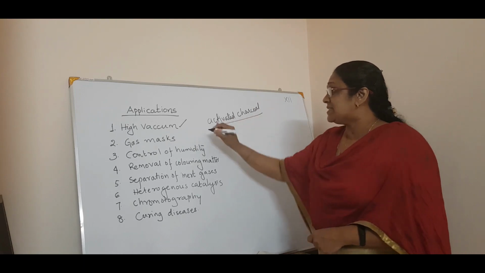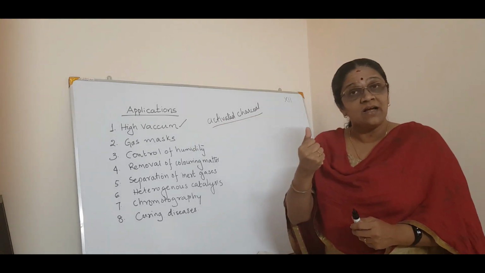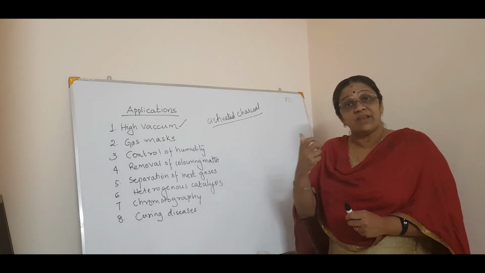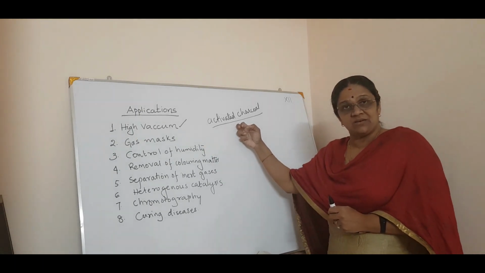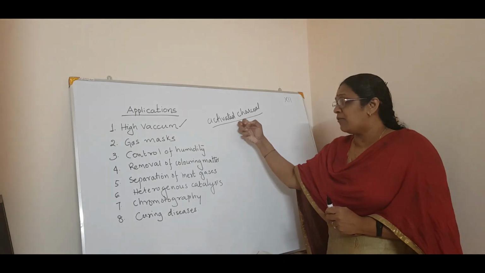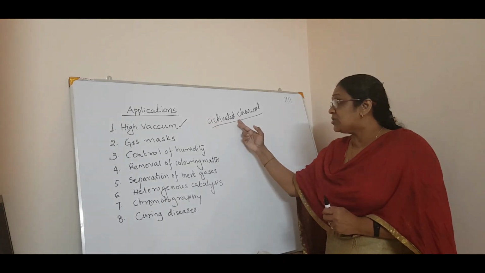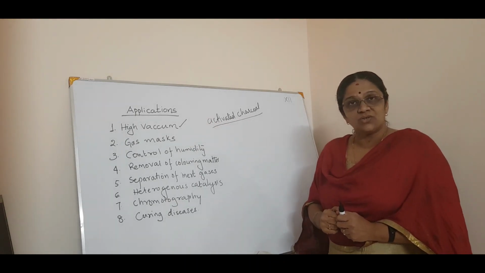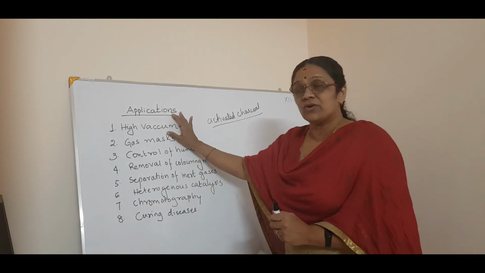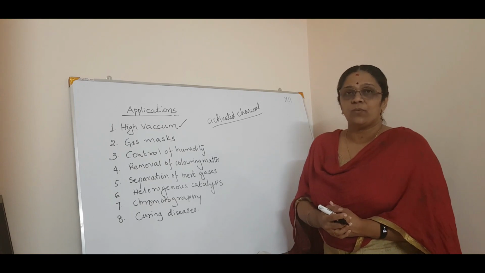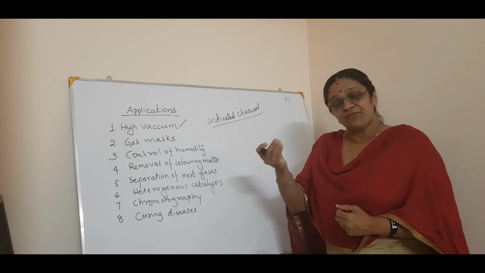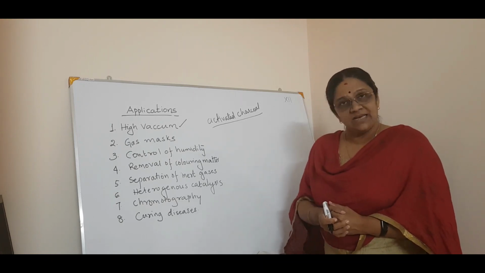This activated charcoal adsorbs the moisture and makes it a very pure vacuum. That is an adsorption application, isn't it? So that is the first application: production of high vacuum, or even removing traces of moisture from any substance.